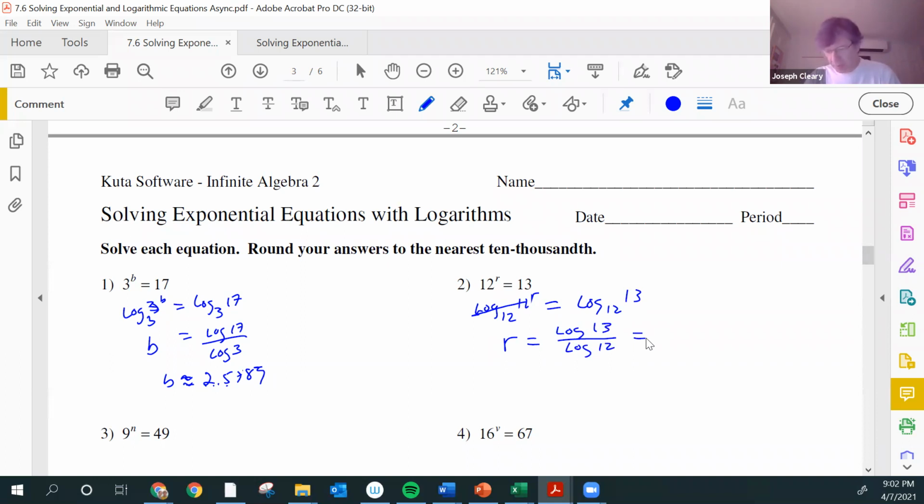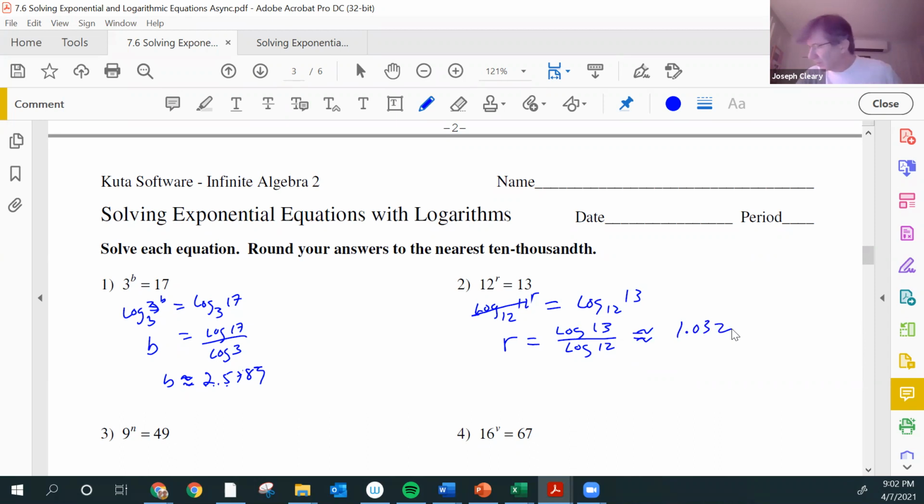Pretty simple because I've got the log button there. And the big thing is to remember to close the parentheses before you hit the division sign. And log 12, and you get approximately 1.032, which makes sense because to raise 12 to get to 13, it's going to be just a little bit over 1.